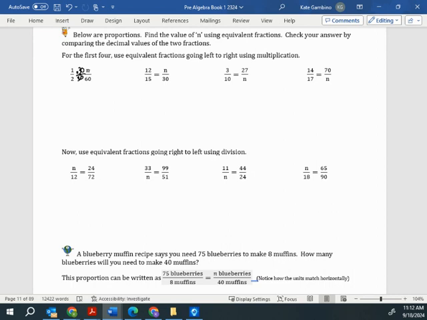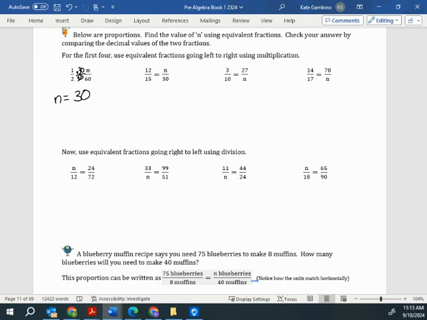Come on. 2 times 30 equals 60. Whatever I do to the bottom, I have to do to the top. Right? Same number, that same scale factor. 30. So 2 times 30 was 60. 1 times 30 is what? 30. So n equals 30.